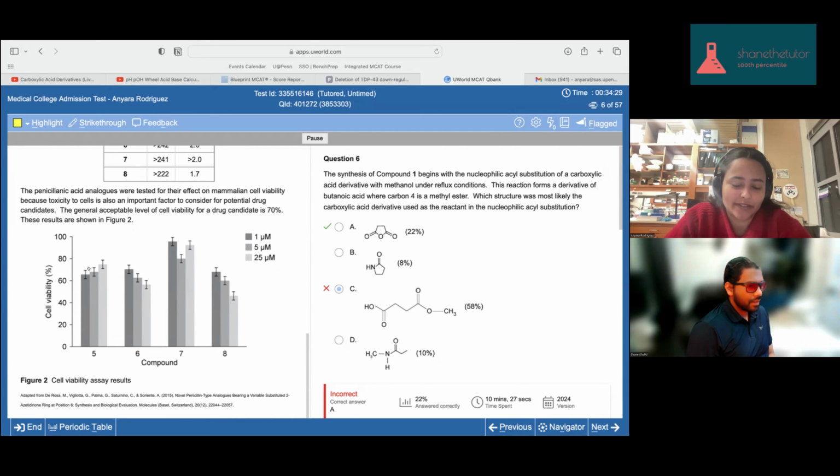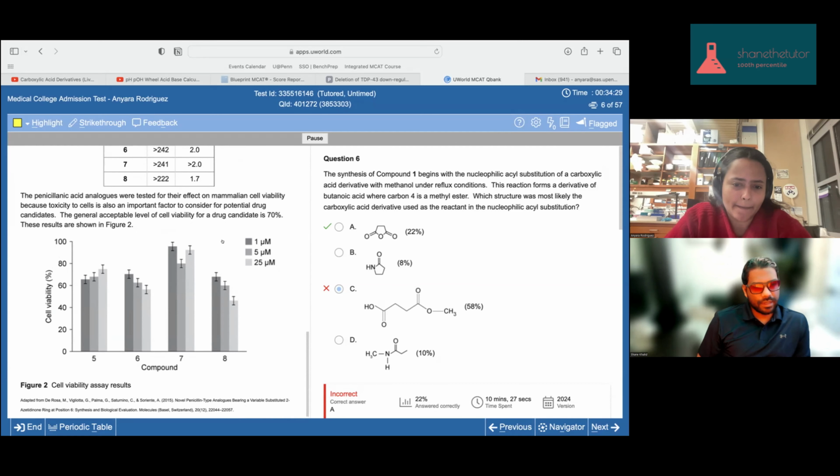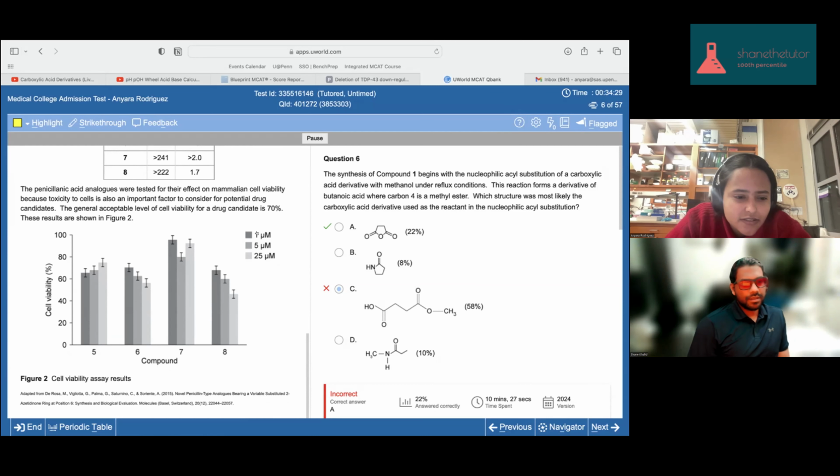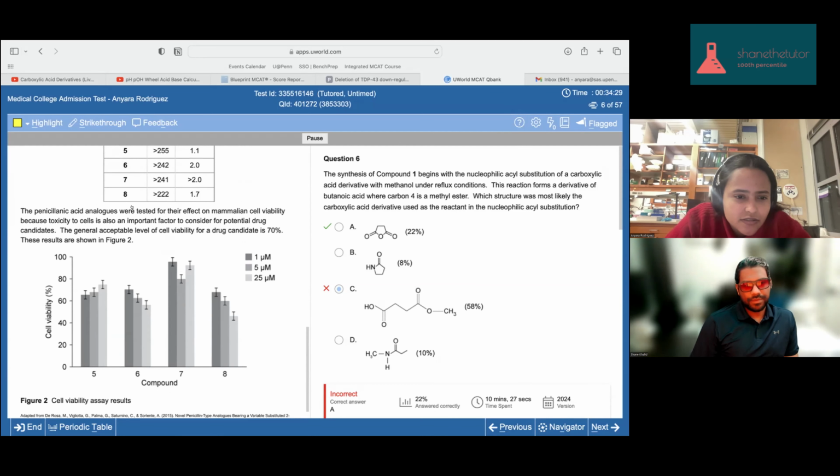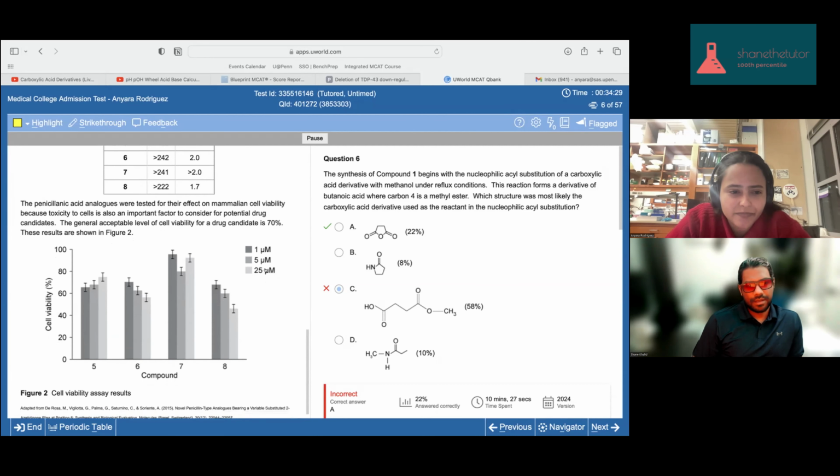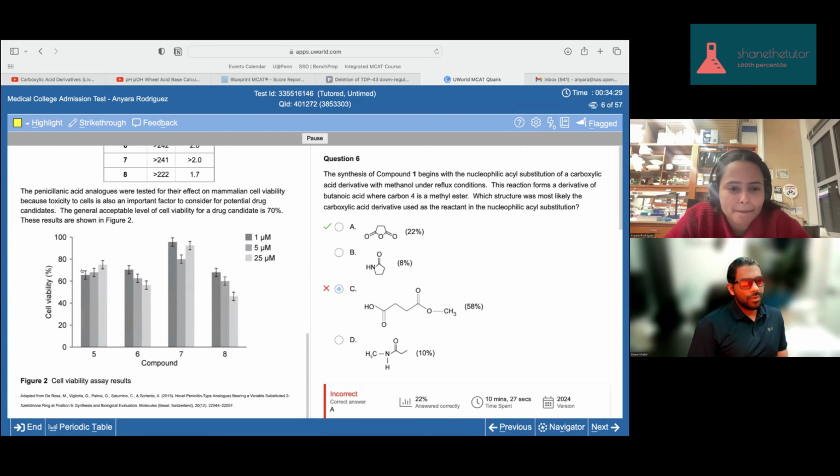Human cells, yes. They're looking at 3 different doses, from lower to higher dose, and cell viability. Does that make sense? Is this the dose of the acid analogs? Yeah.